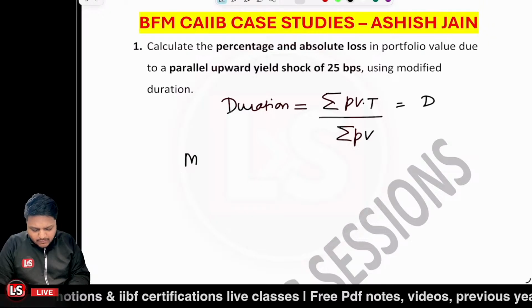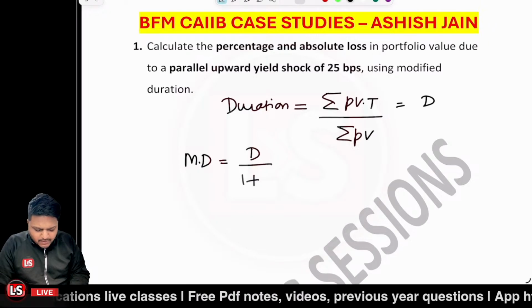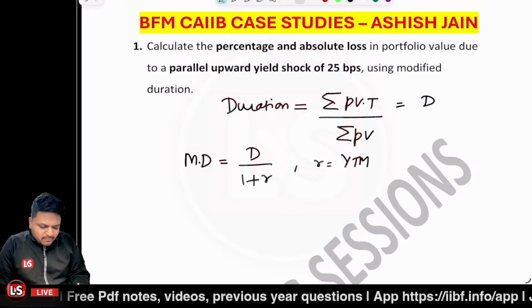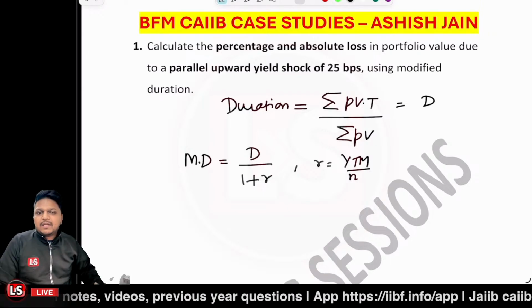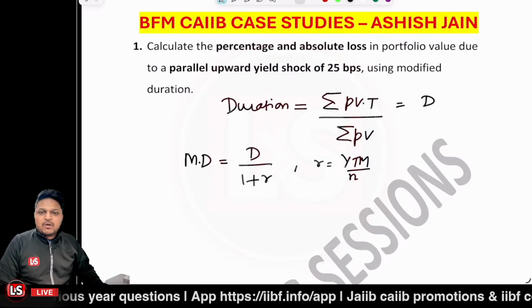This was the formula related to duration, and it's represented by D. And what is the formula related to modified duration? It is duration divided by 1 plus r, where the small r value is equal to YTM divided by small n. So it is YTM divided by small n. Is that clear?